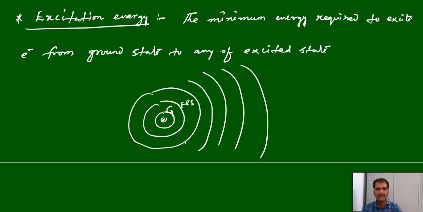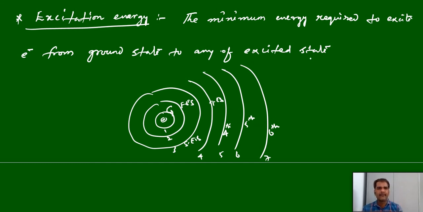The second one is the second excited state. This is the third excited state, this is the fourth excited state, this is the fifth excited state, and this is the sixth excited state, where n values are n equal to 1, 2, 3, 4, 5, 6, 7. So n equal to 7 means sixth excited state.